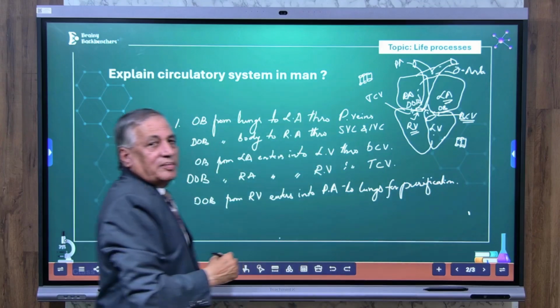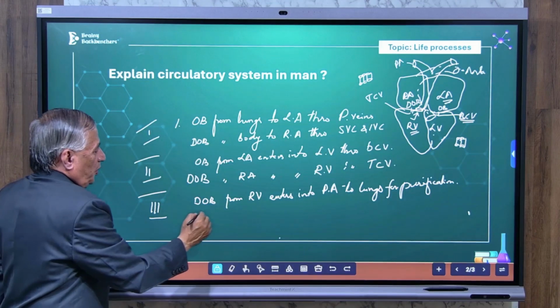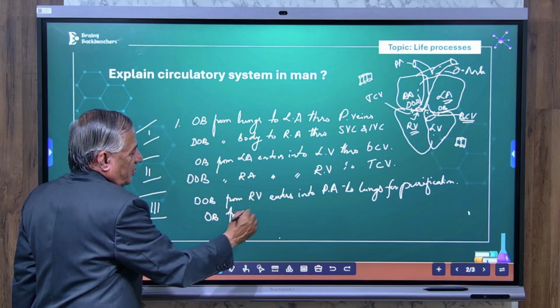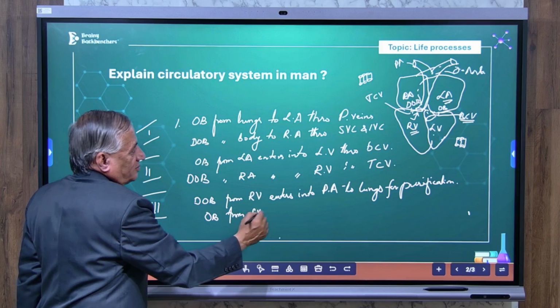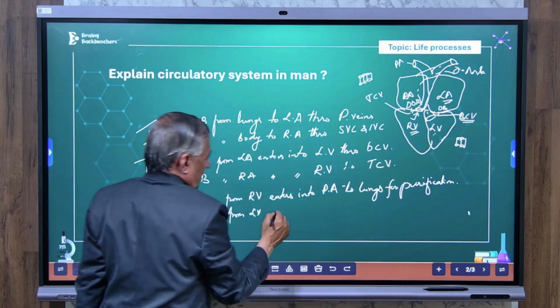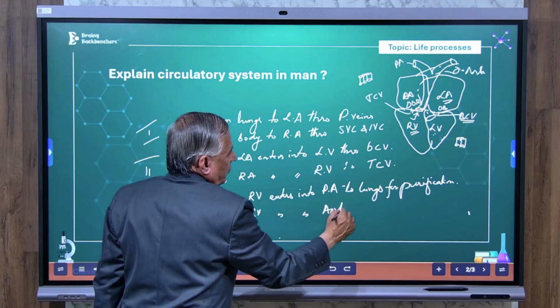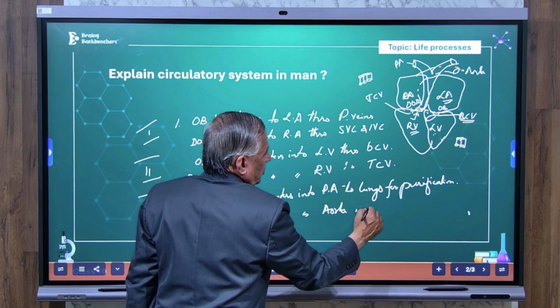At the same time, pure blood, oxygenated blood from left ventricle, enters into aorta to body.